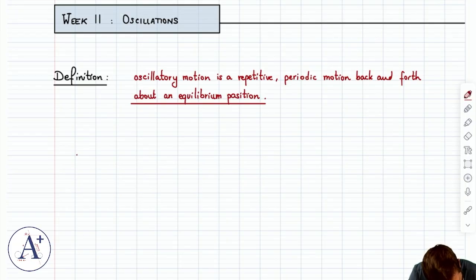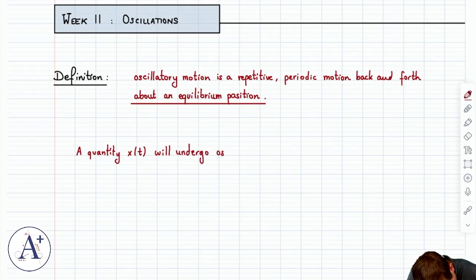Let's say that a quantity, x as a function of t, will undergo oscillations.